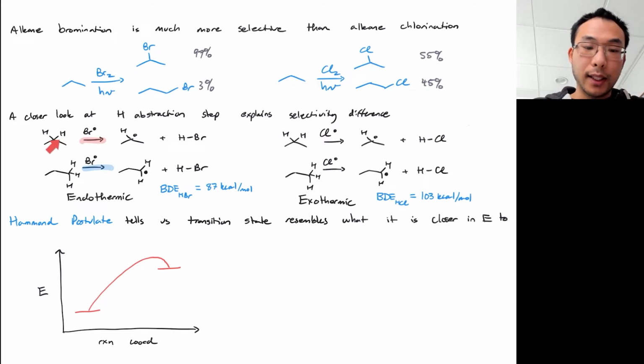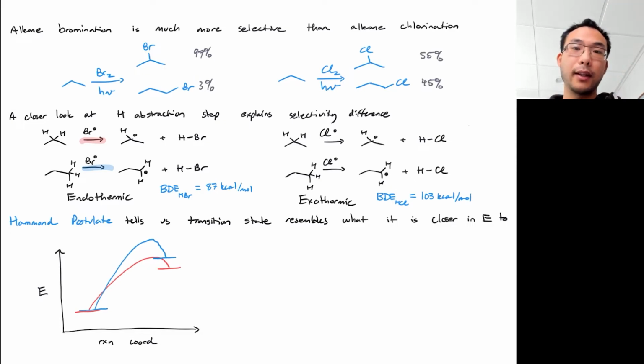Hopefully it makes sense that since we're starting with the same two reactants, we are going to start at the same place. That lets me fill in the blue curve, which shows the hypothetical reaction coordinate diagram for the formation of the primary radical. Using the Hammond postulate, I'm going up in energy, which means my transition state, somewhere up here, is going to be closer to the products than to the reactants.